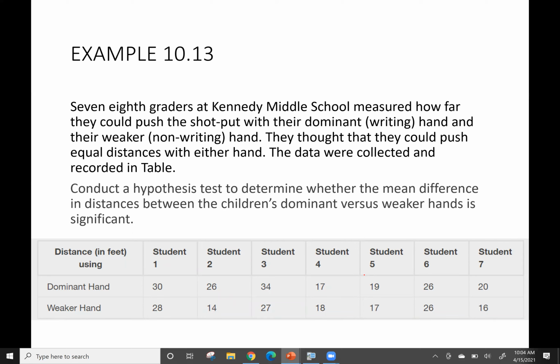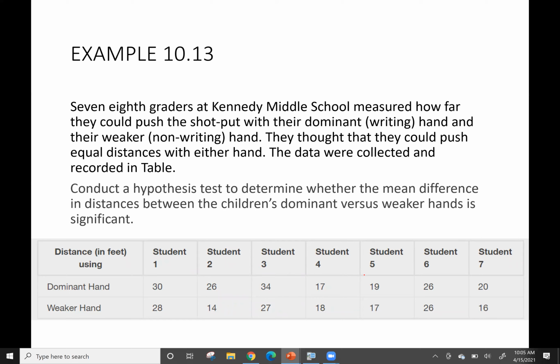Conduct a hypothesis test to determine the mean difference in distances between the children's dominant versus weaker hands. Test if it's significant. So can they push it significantly farther using their dominant hand as compared to their weaker hand?